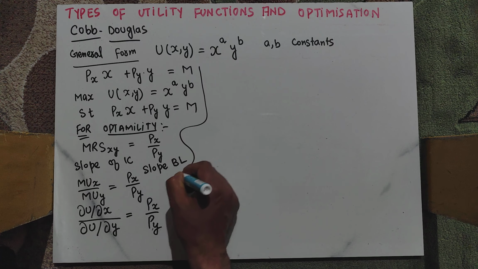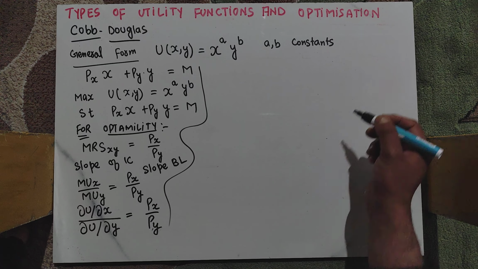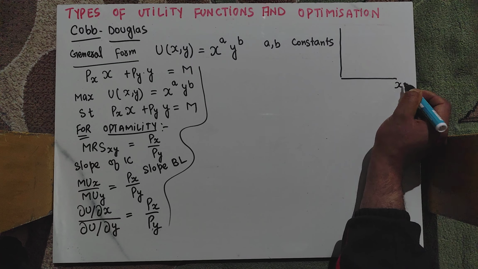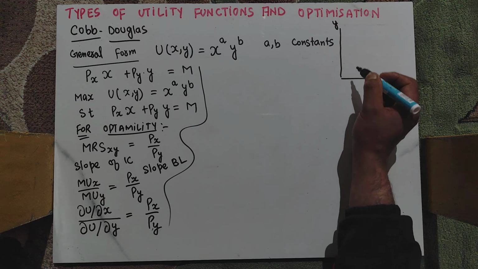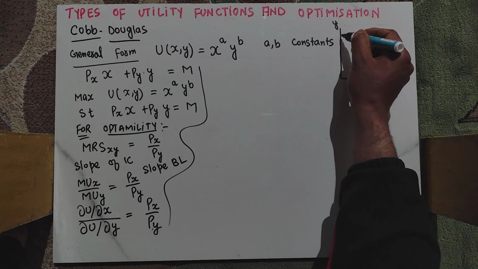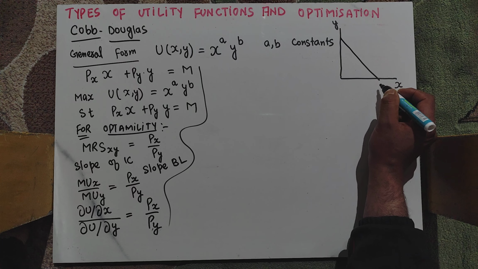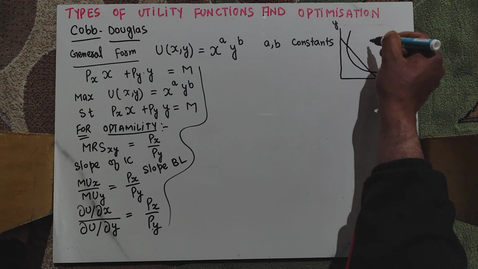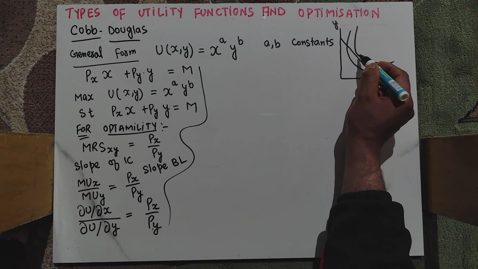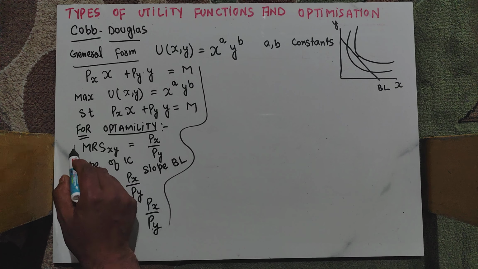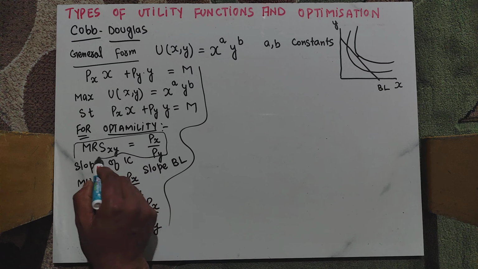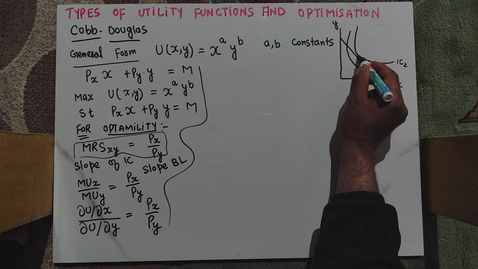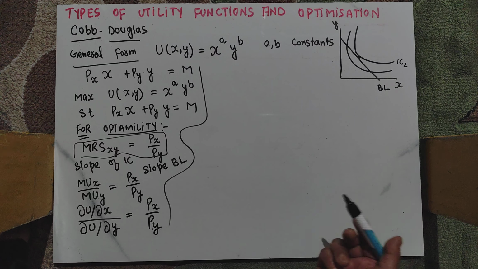So let us take a simple graph here also to make things clear. We have good x on the horizontal axis, good y on the vertical axis. So let us suppose the consumer is facing this budget line, budget constraint. With the given budget, the consumer wants to achieve the highest satisfaction, and this condition actually is a point of optimality, the point where the indifference curve and the budget line are tangent.